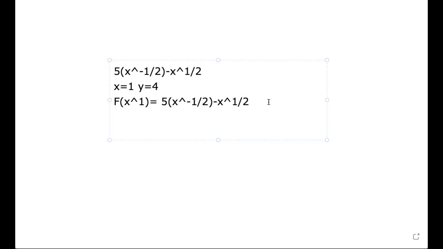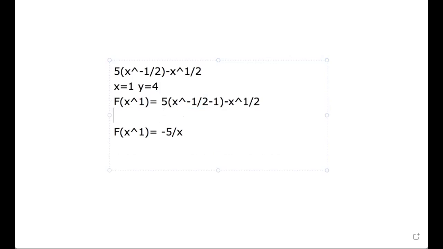We subtract the exponent by 1, and before that we multiply the exponent by the number. So f'(x), now it's negative 5 over 2. Keep that in mind, over 2. And because it has a negative sign here, we said we would subtract this by 1.